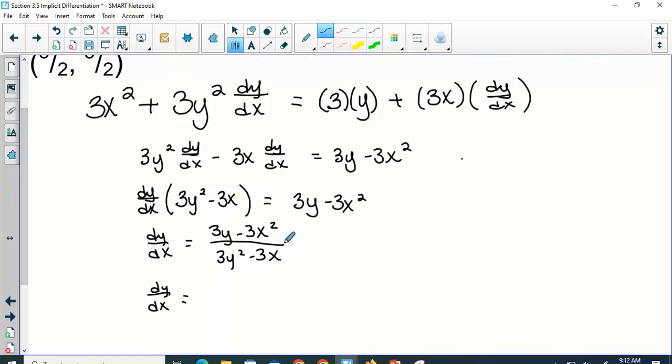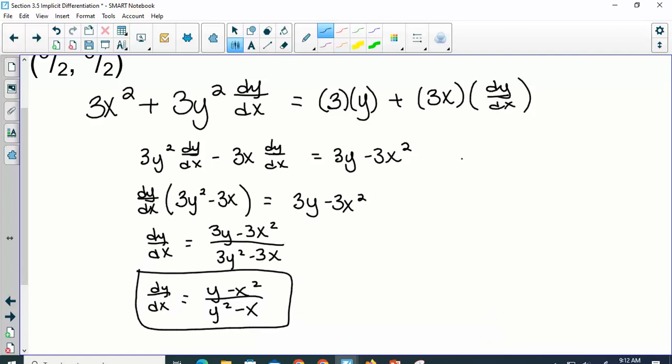What do all these terms have in them? Okay, so let's just divide everything by 3. So we get y minus x squared over y squared minus x. So that is my derivative.